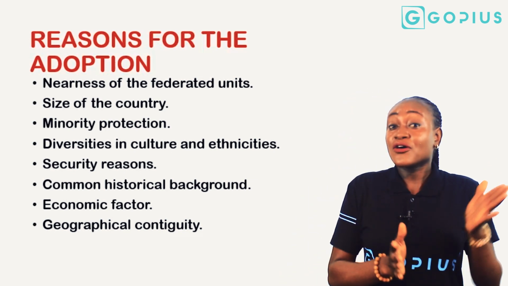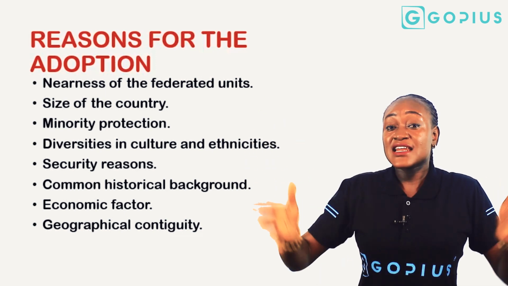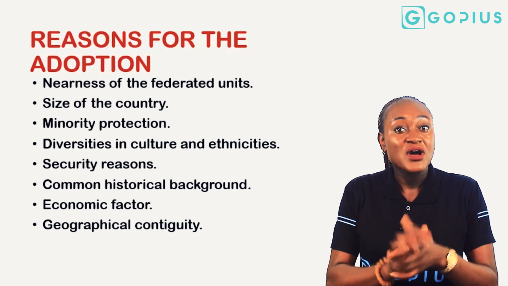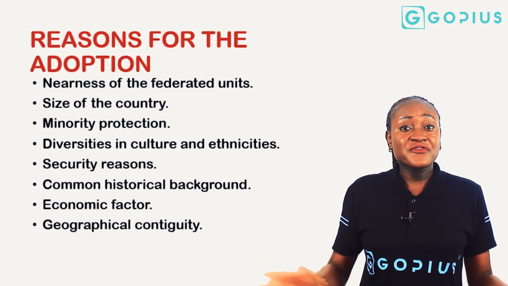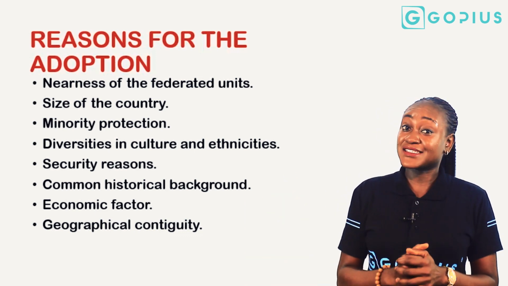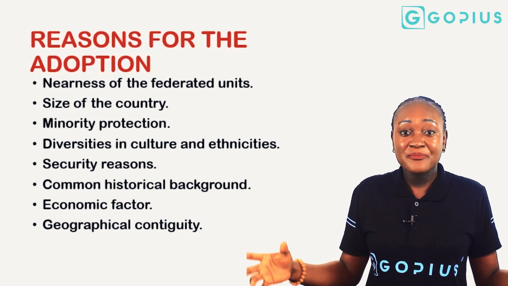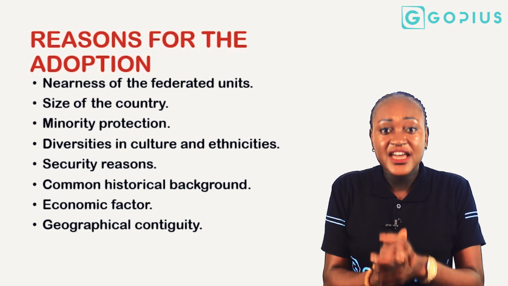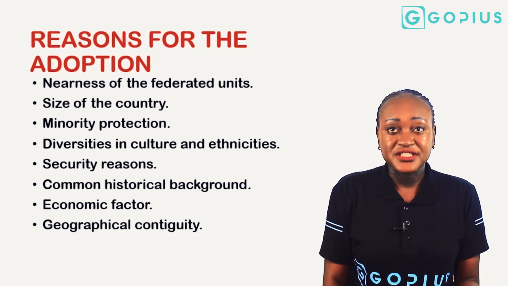And going by what our colonial masters left us with, this is a system that is very easy for us to adopt. And for geographical contiguity, that means a big word, but contiguity here means the nearness of the geographical areas in the country.